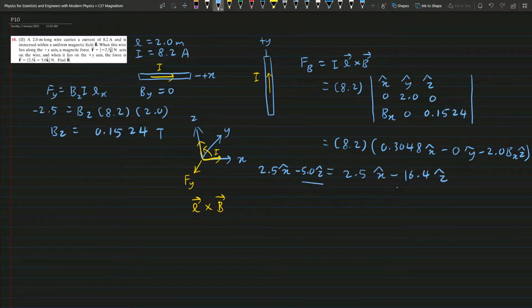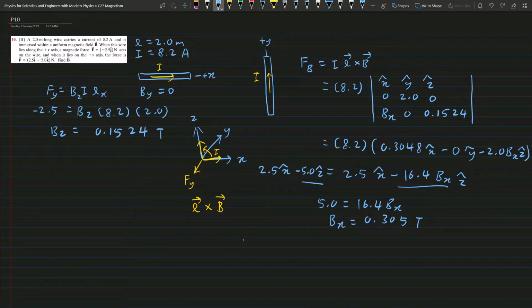So we compare this z component here. Sorry, here we have Bx. We compare these two, so we get 5.0 equals 16.4 Bx. So the Bx equals 0.305 Tesla.